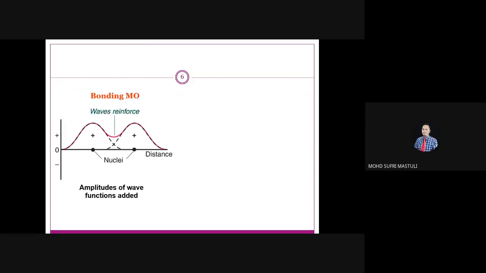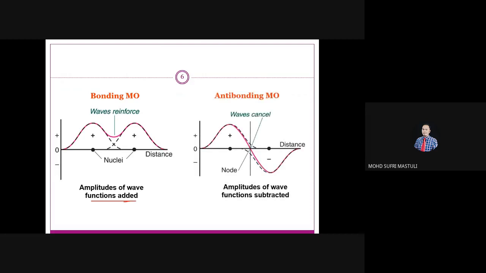What I want to show you is this one. For the bonding molecular orbital, as we know, bonding is addition. So we add the waves, and so adding the waves increases the amplitude. But if we have anti-bonding, the waves should cancel each other because it's subtraction.